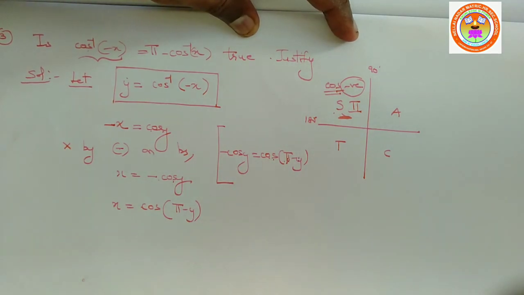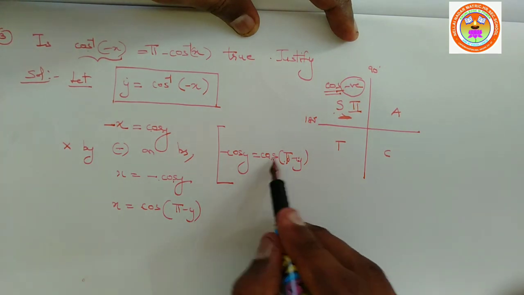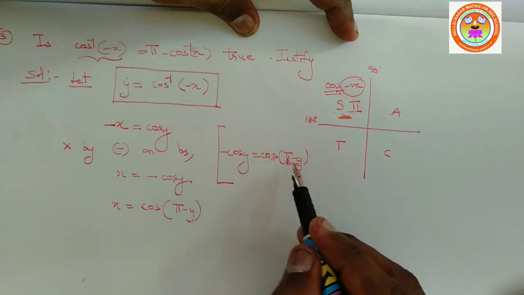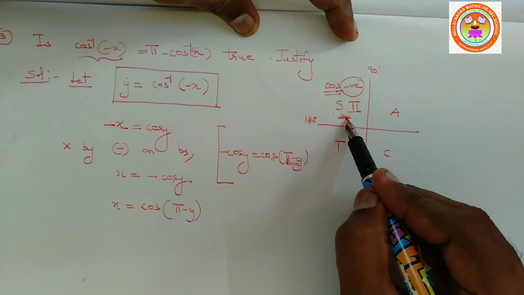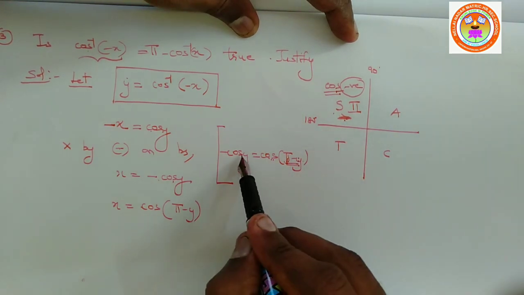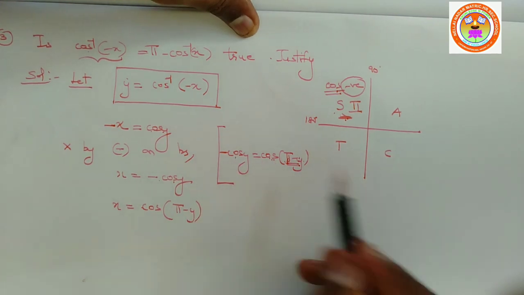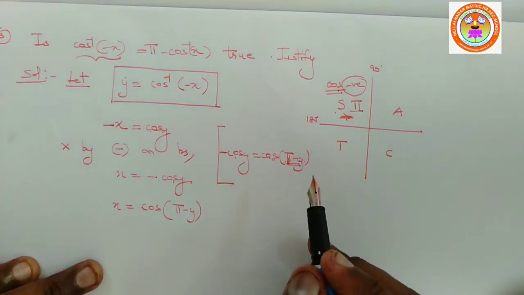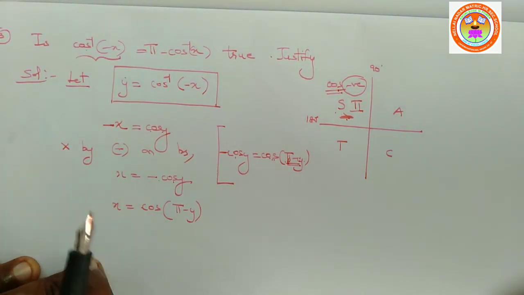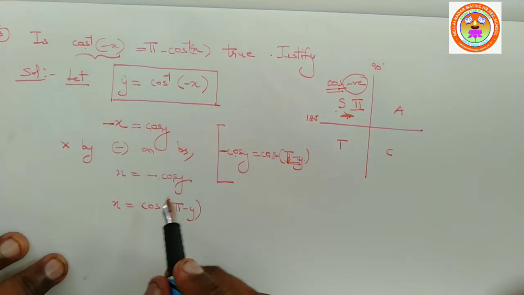In 11th standard you have studied this in detail with ASTC. Cos of pi minus y, that is 180 minus y, lies in the second quadrant. So only cos is negative, so we get minus cos y. So minus cos y we can write as cos of pi minus y. The next step is cos inverse.